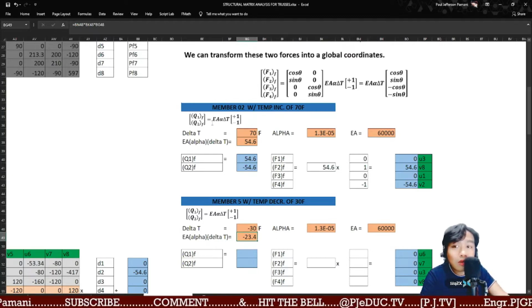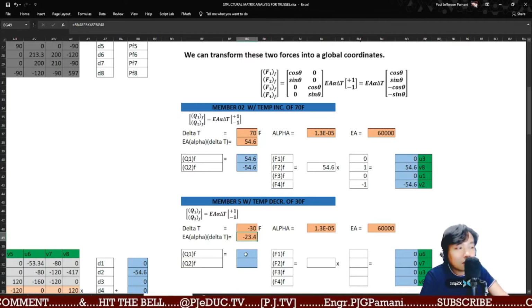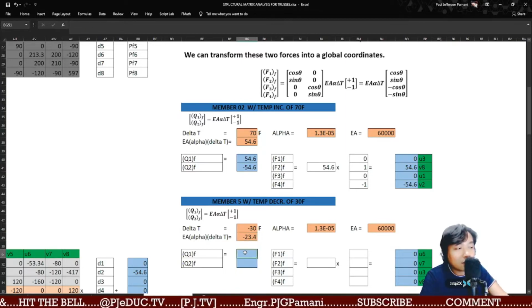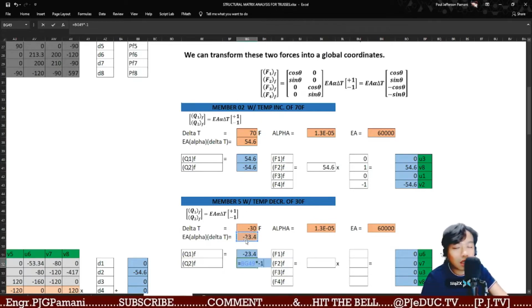So scalar quantity multiply on each cell of a matrix. So that is basically this one times positive 1. Parehas lang. And this one times negative 1.